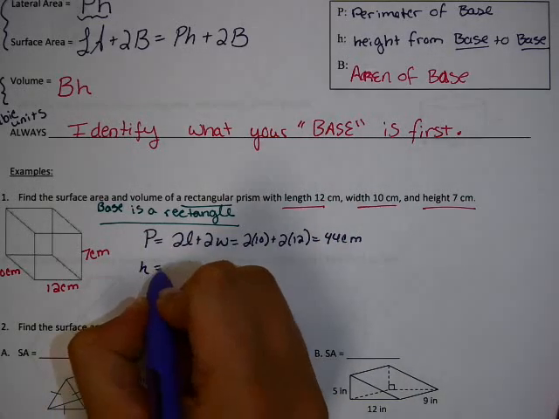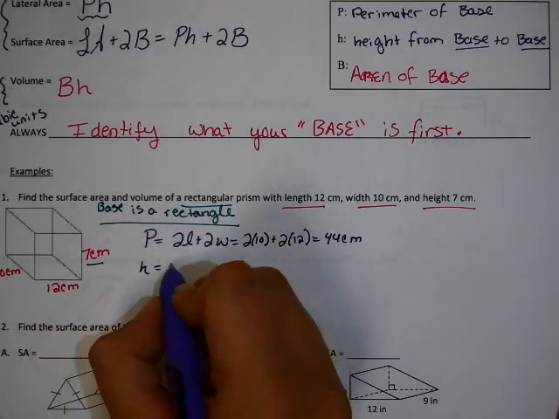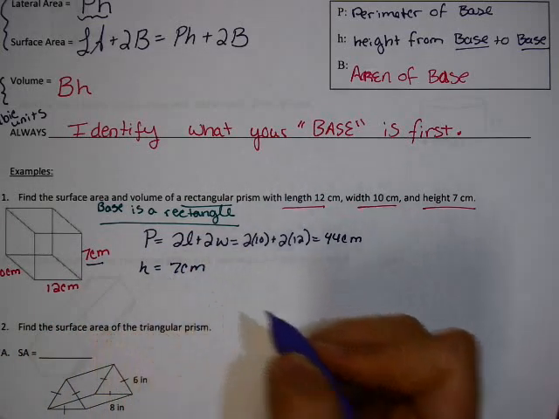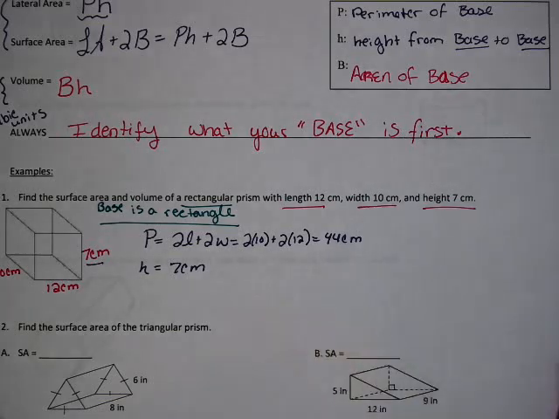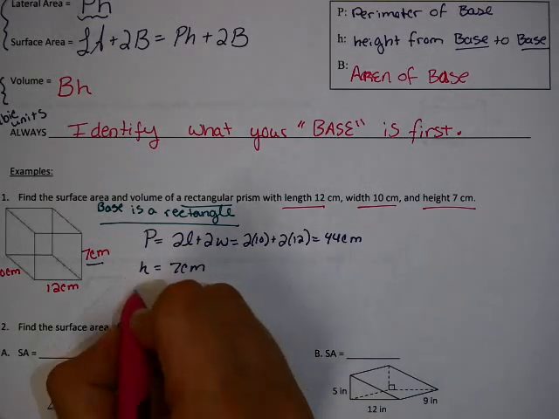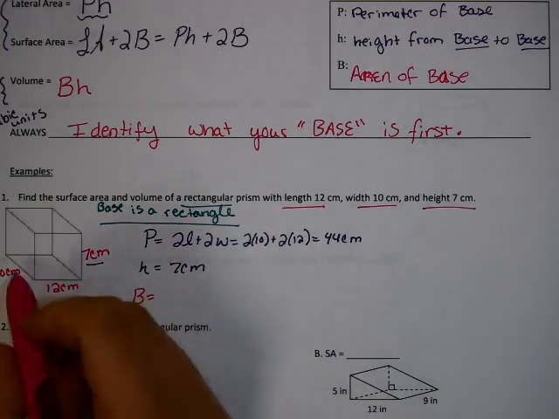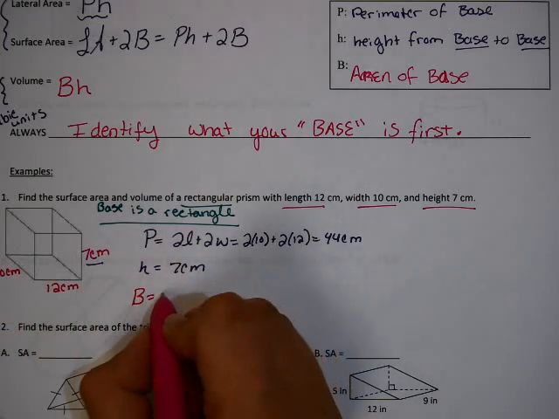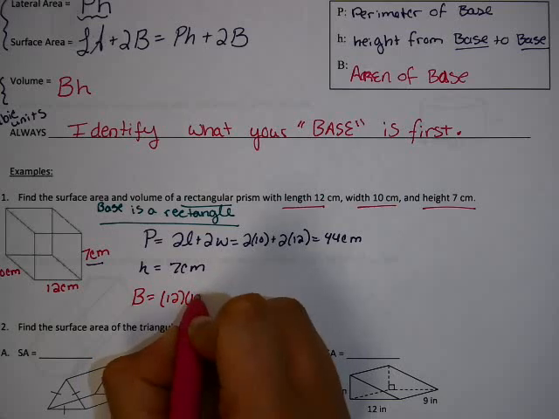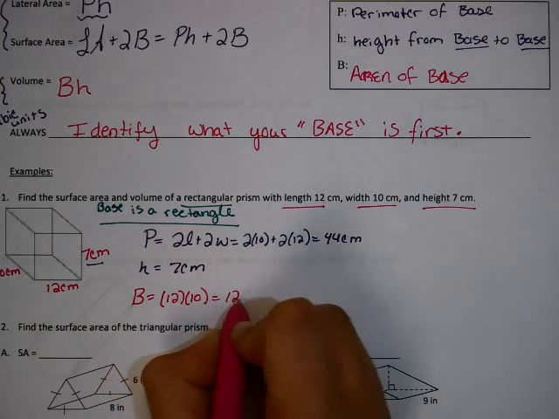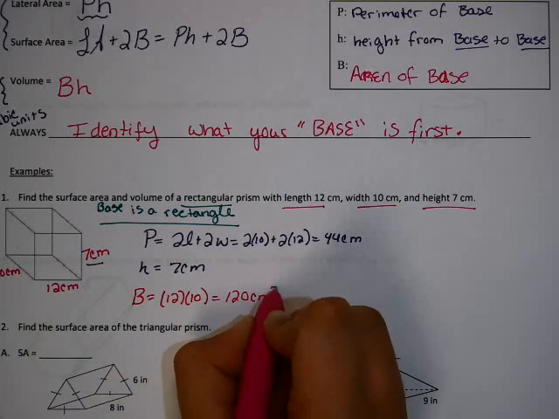The height is given to us as 7 centimeters. And then let's find the area of the base. So the area of the base, since it's a rectangle, it's just base times height. So we get 12 times 10, which is 120 centimeters squared.